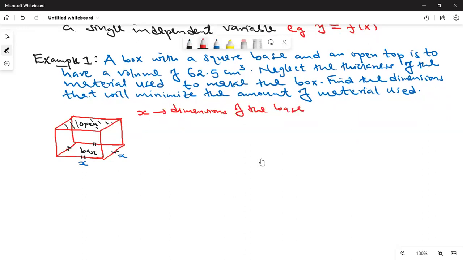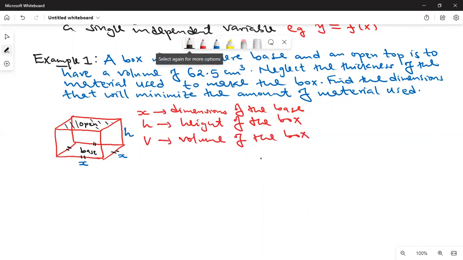And we are going to use h to denote the height. Let h be the height of the box. So, how do you find the volume of a cuboid? Let V denote volume of the box.